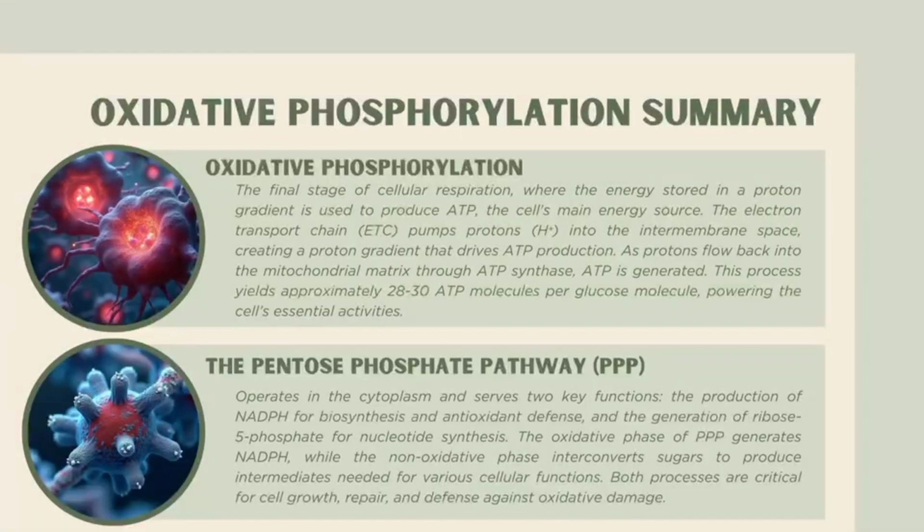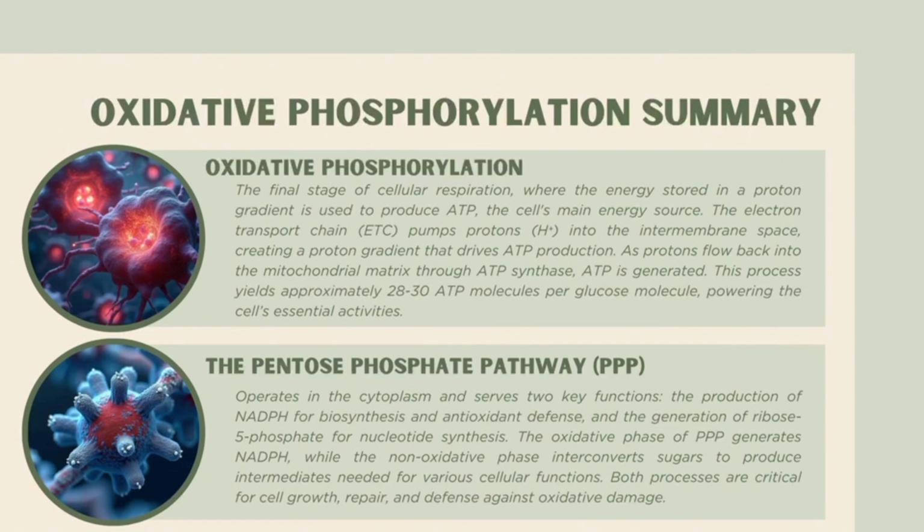Oxidative phosphorylation: converting the energy from a proton gradient into ATP. It is also the cell's main energy source. So, proton gradient: the electron transport chain pumps protons into the intermembrane space, creating a high concentration of protons outside the mitochondrial matrix. And also, proton motive force.